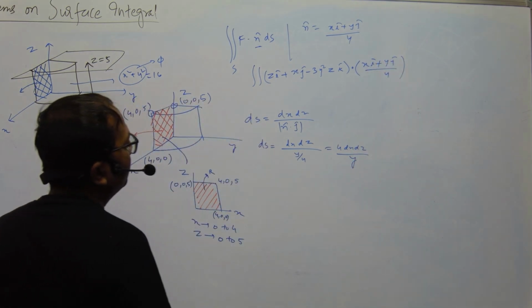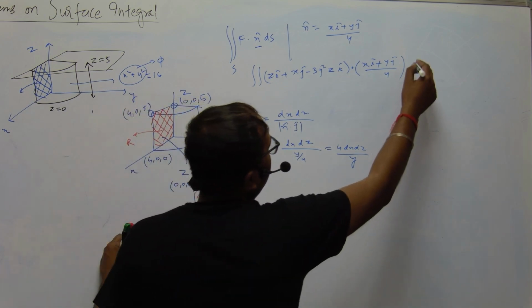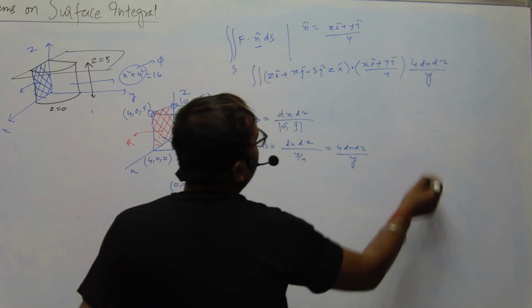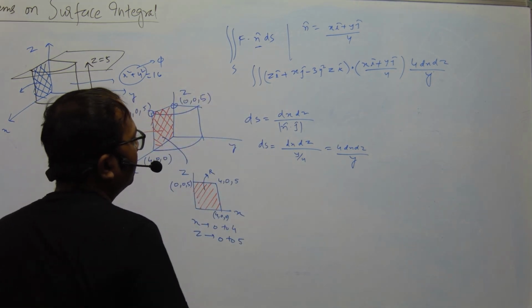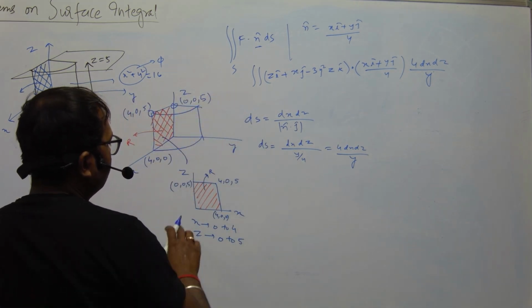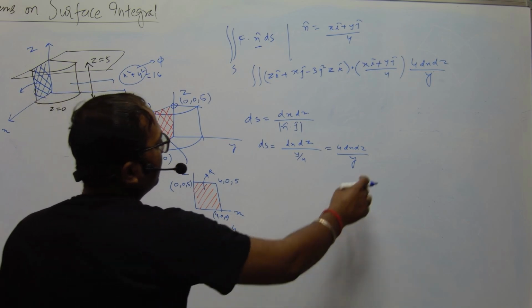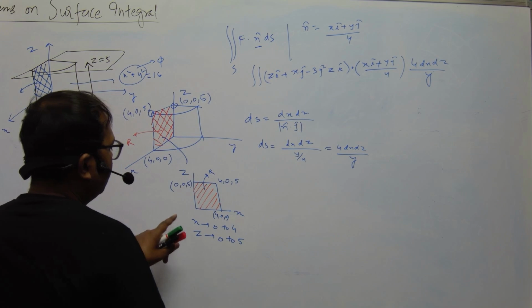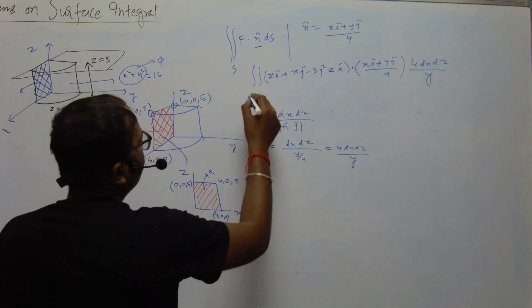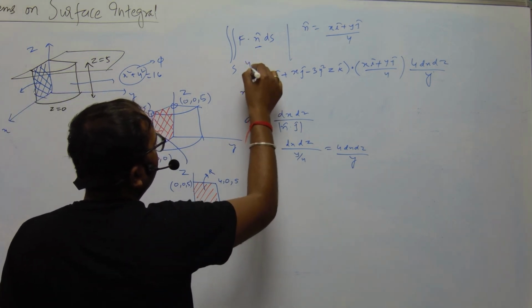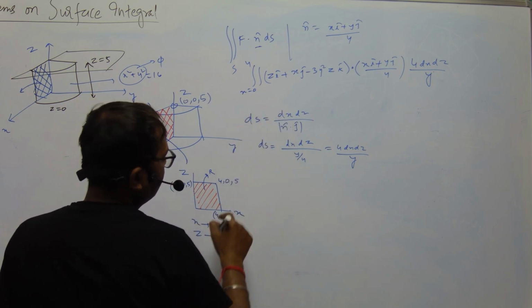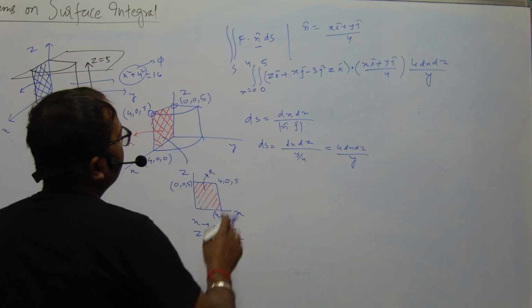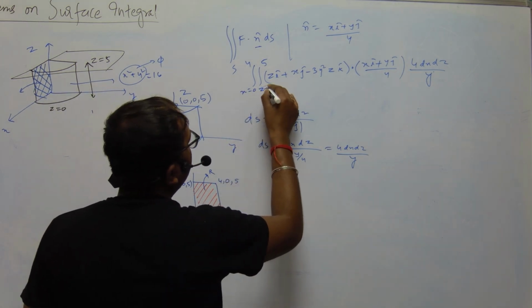F dot n cap into dS, where dS is 4 dx dz upon y. This is region R, since we are taking the double integral along dx dz. So the limit on x is 0 to 4, and the limit on z is 0 to 5.